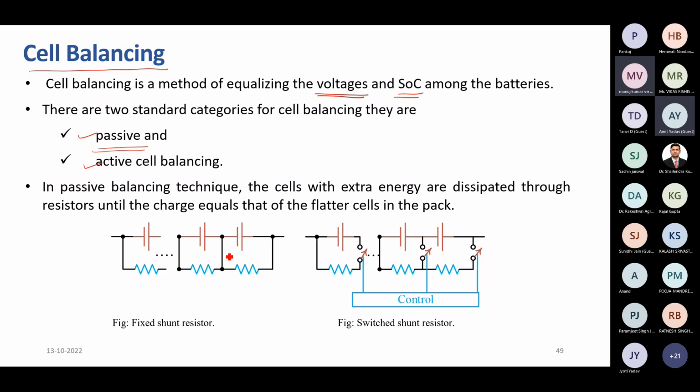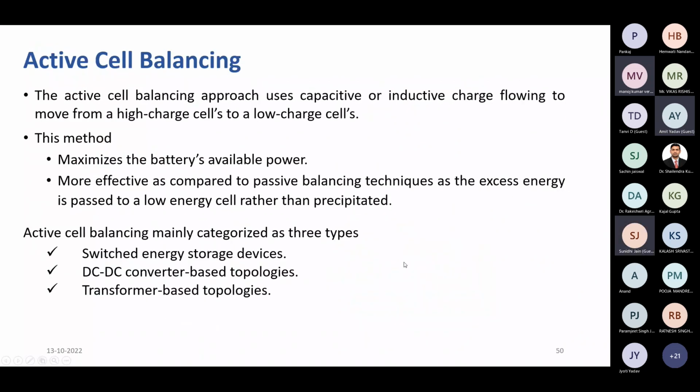Next, with a switched shunt capacitor, we can use active switches in the technique, where if there is an overcharged battery, its energy can be transferred to those which have a low voltage. So we are trying to balance among the cells. These are the different techniques adopted for balancing the cells by using an active balancing technique.